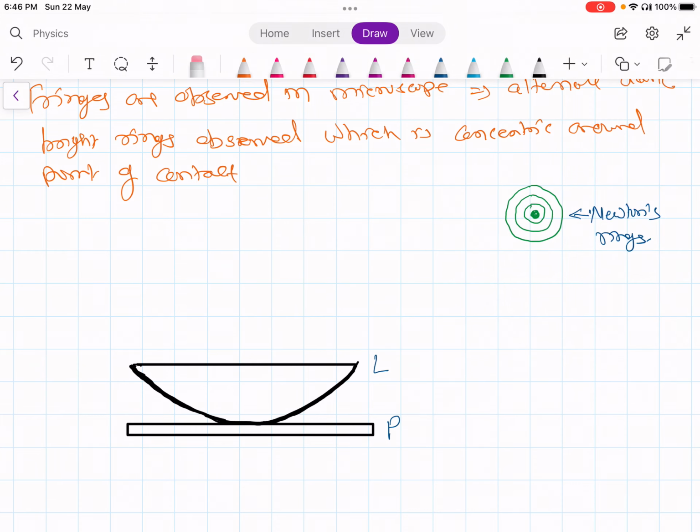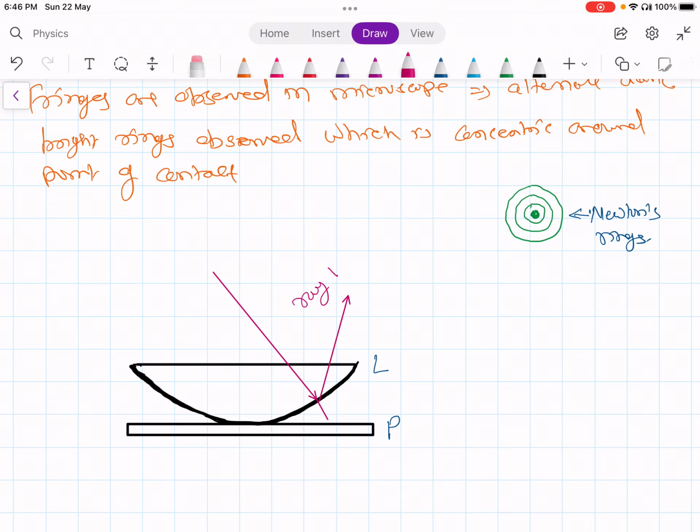Now, the monochromatic light is incident on this lens first, and it is reflected from the top surface of the air film as ray 1, and it is partly transmitted at this point.